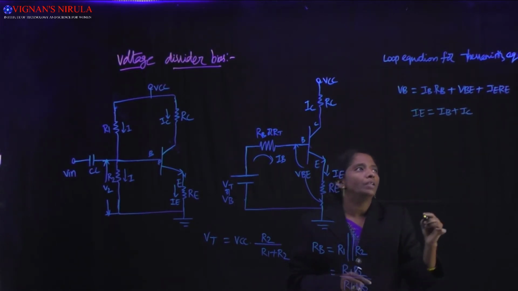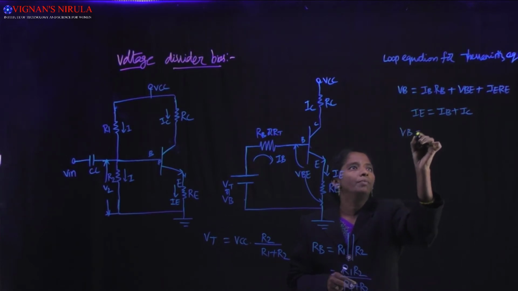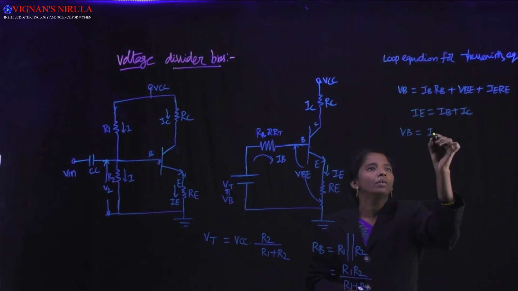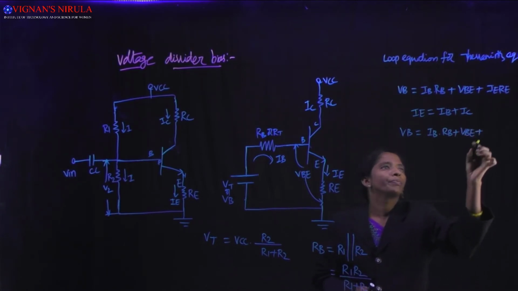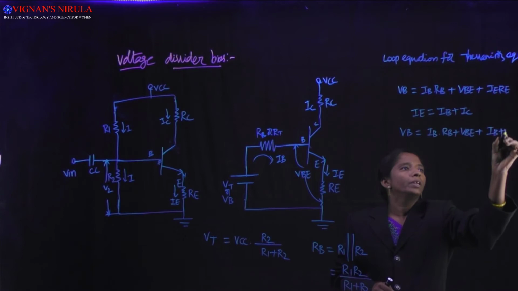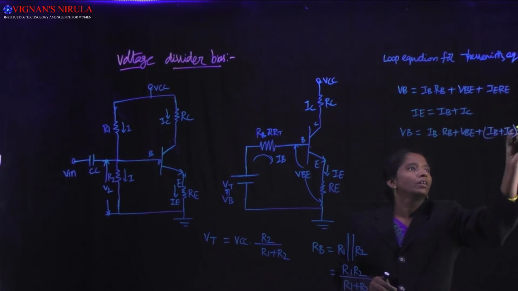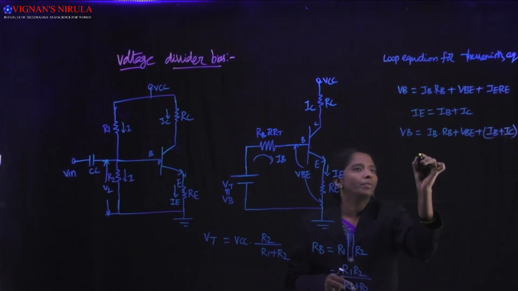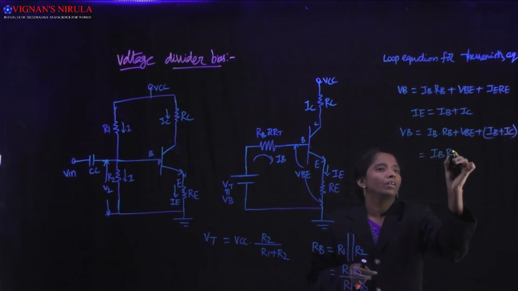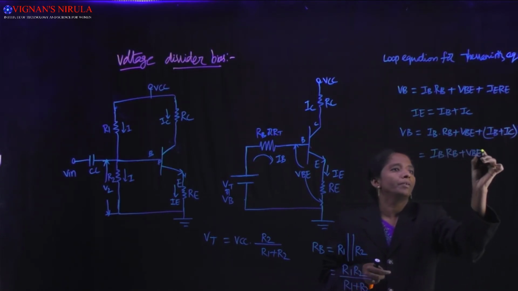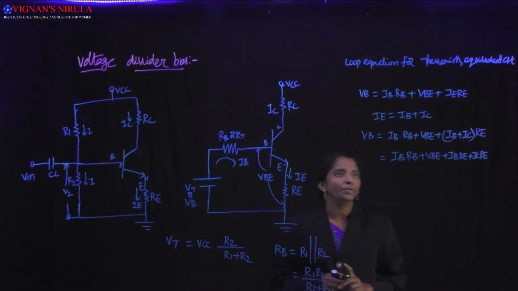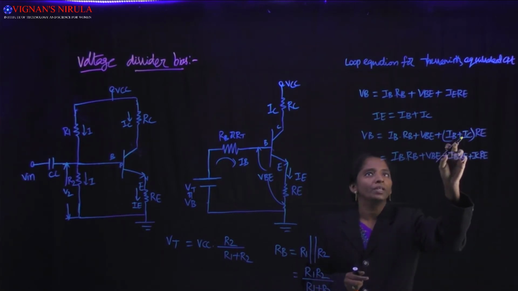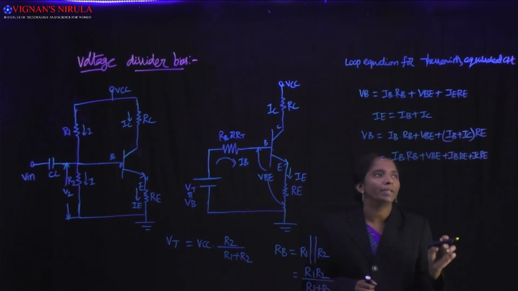Write the IE value in the equation, then we get VB equal to IB into RB plus VBE plus IB plus IC into RE.